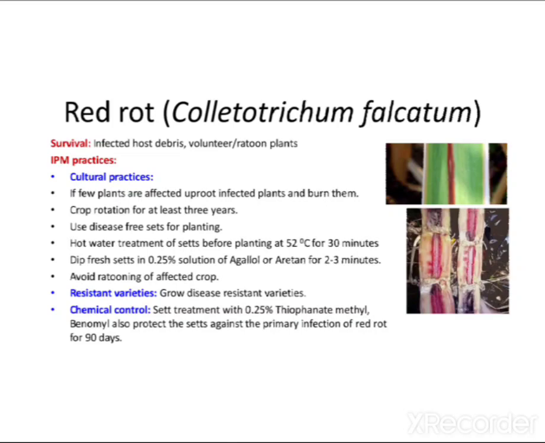Now next is to dip the sets at the rate of 0.25% solution of Agallol, and also Aretan is also recommended. Okay, you can use either one of them. Now resistant varieties, wherever available, we should grow those resistant varieties for having disease free crops.